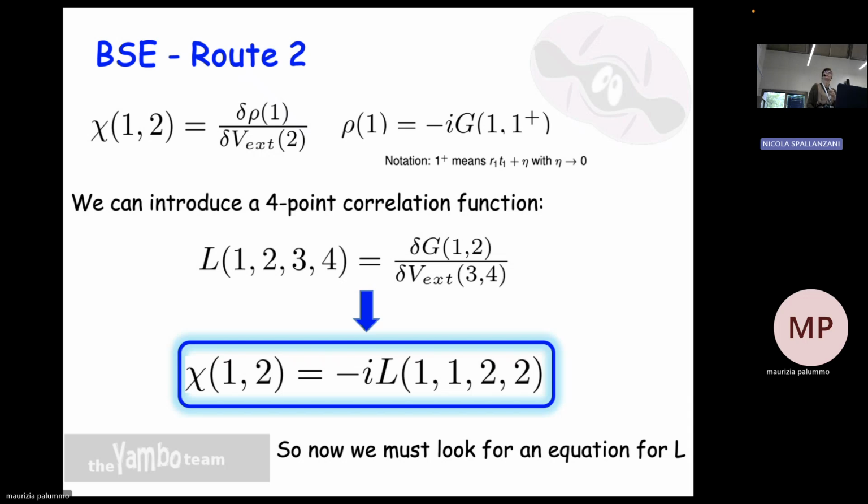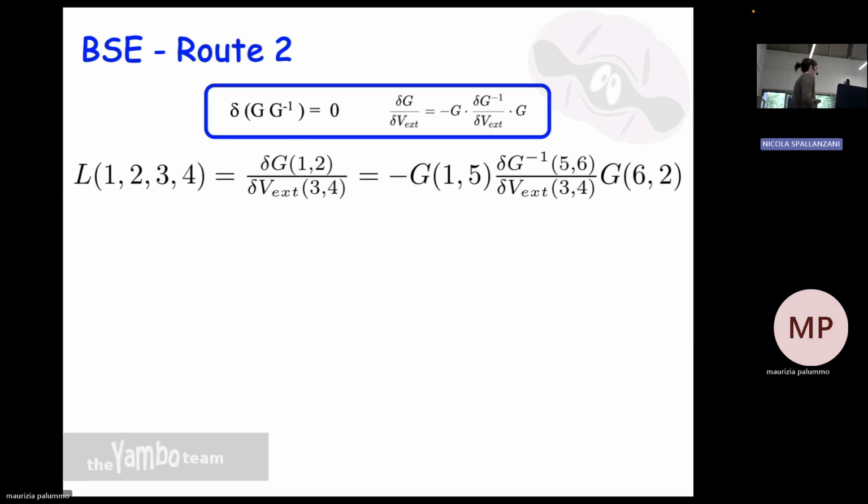It is exactly similar, but we include an external potential that is non-local in space and time. If you do this, you can recover the normal chi simply by considering the same point at the end or at the beginning.